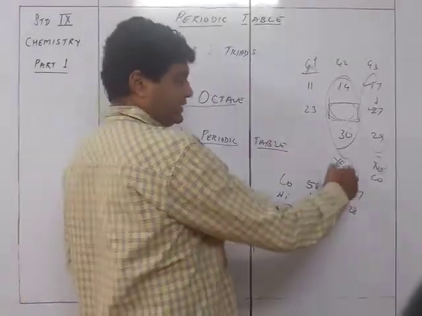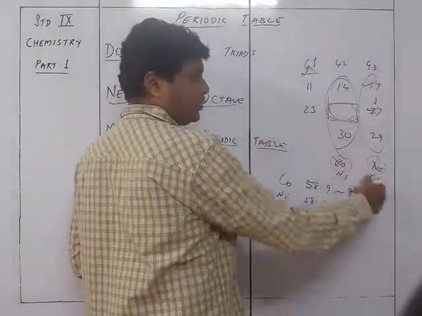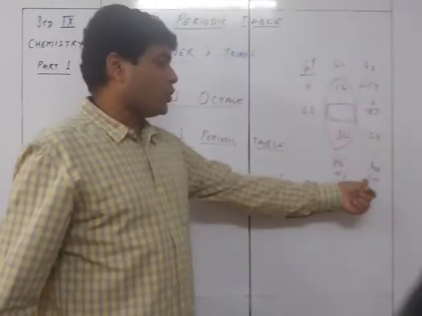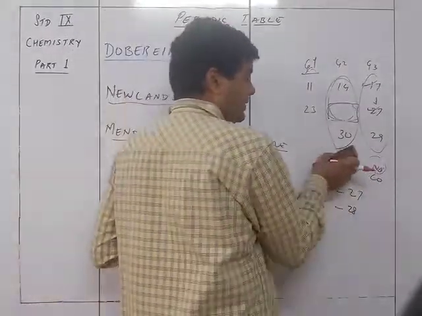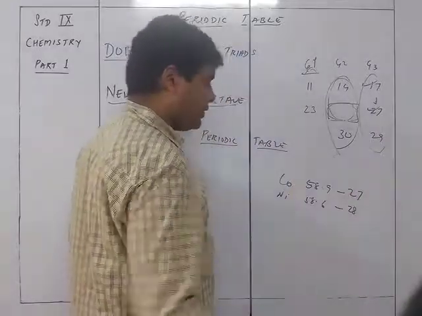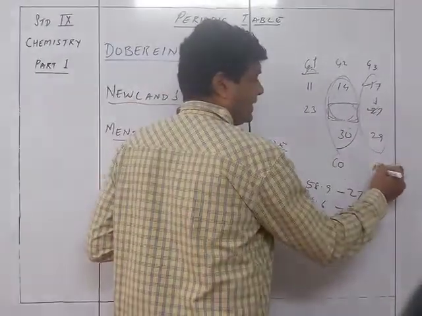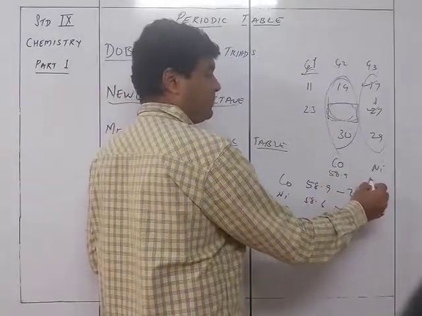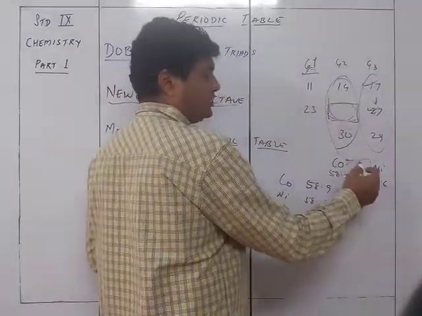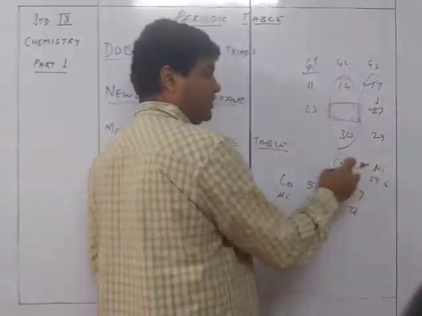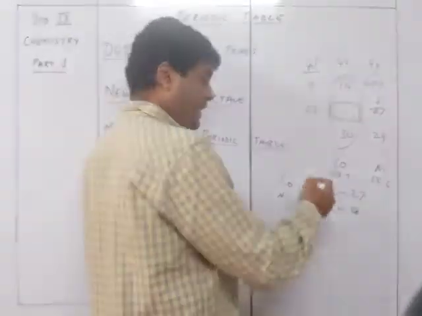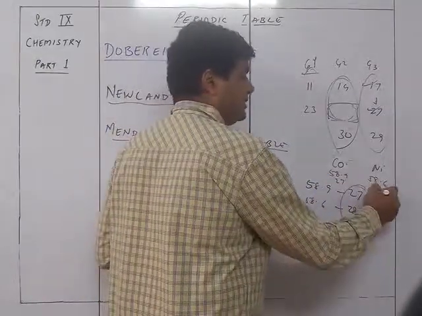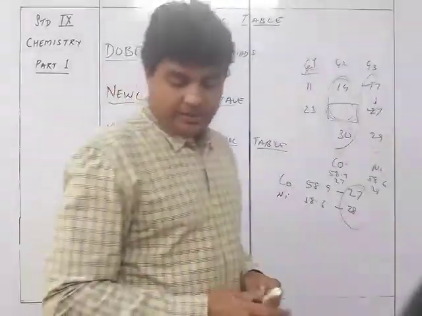So actually the nickel should have been here and cobalt here, right? I wrote it the wrong way earlier. Instead of that, he put cobalt over here and nickel here. When people asked him, this is 58.9 and this is 58.6, so this should have come here and this should have gone there, but he said no, it will come this way only. But there was no reason for it. Now that we know it is based on atomic number, you know this is 27 and this is 28, so automatically cobalt will come first and nickel next.